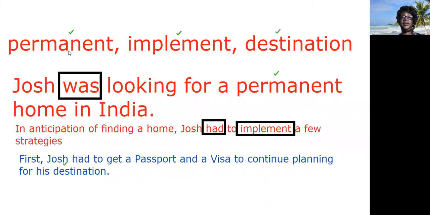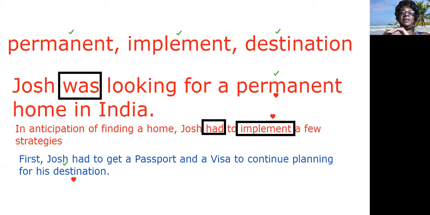We've got permanent, implement, destination. Now that we've used those three words, I'd like for you to let me know, what do you think? Did he get his passport and visa?